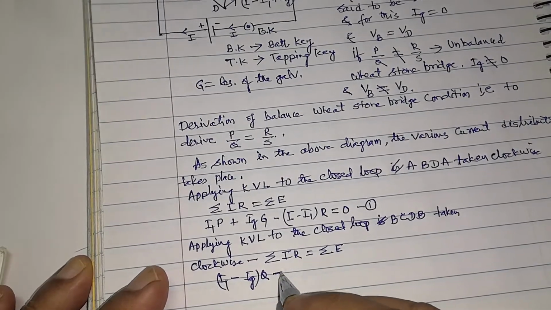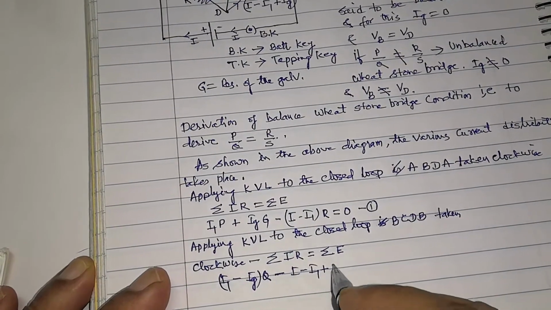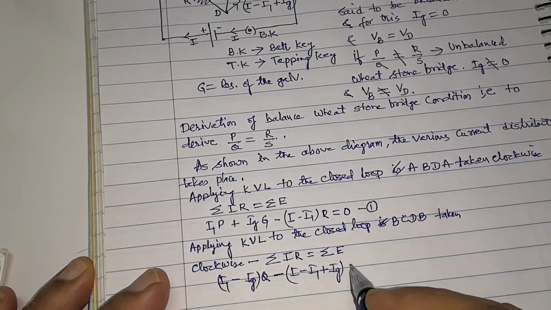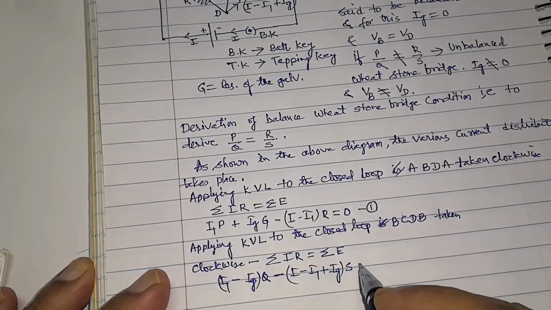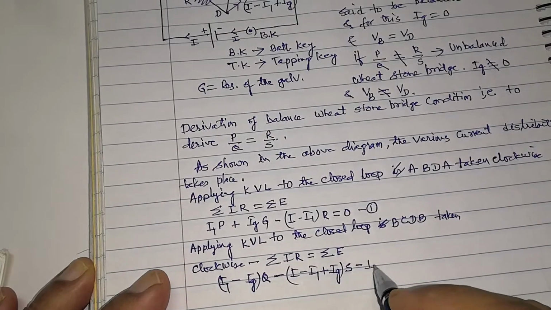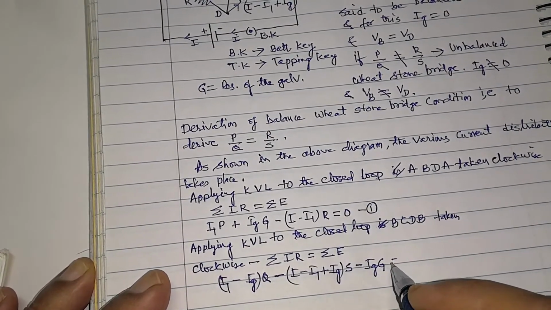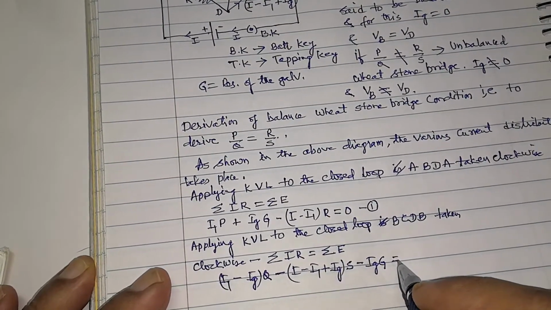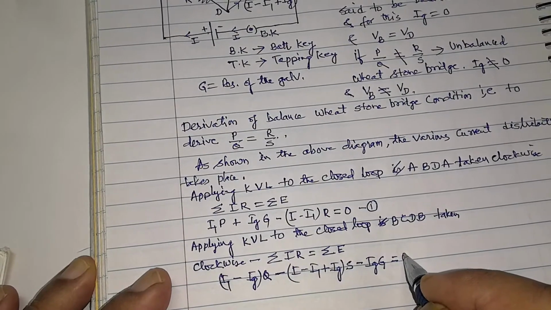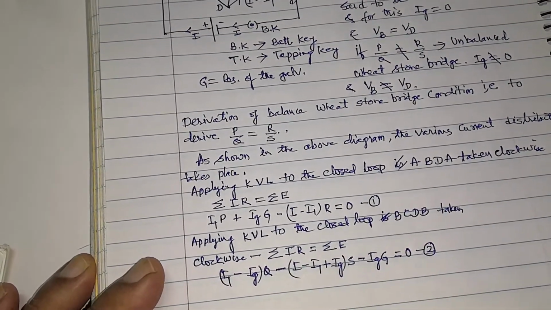I minus I1 plus Ig into S. Again we are moving in the opposite direction, so minus IgG equal to the sum of EMF. Again there is no source of current, so it is 0. This is equation number 2.